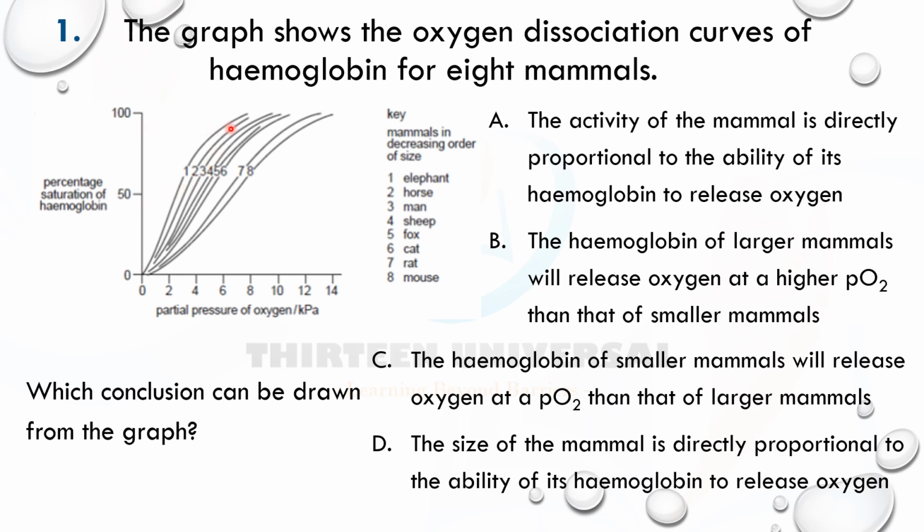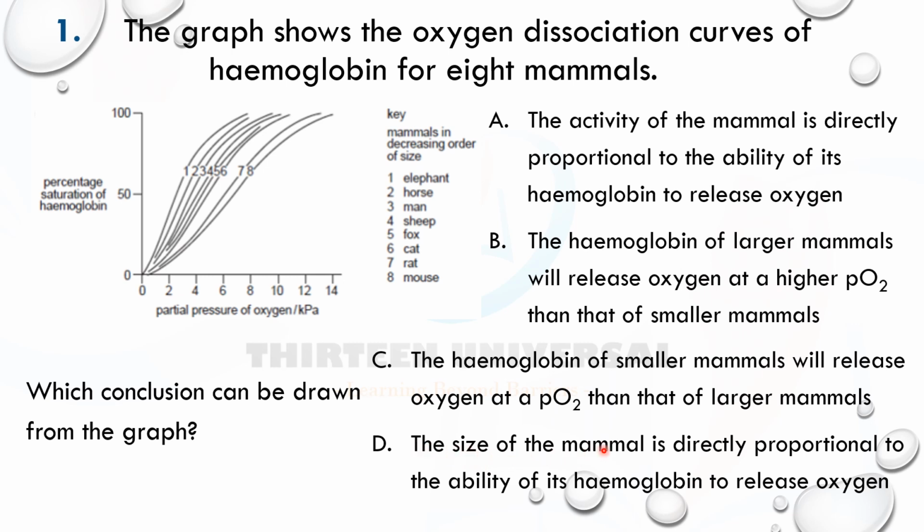Smaller animals have less percentage saturation of hemoglobin, so they have less affinity for oxygen. At a higher partial pressure, this or this is about 50, but number one, the last one, is about 100. I think B is the answer.